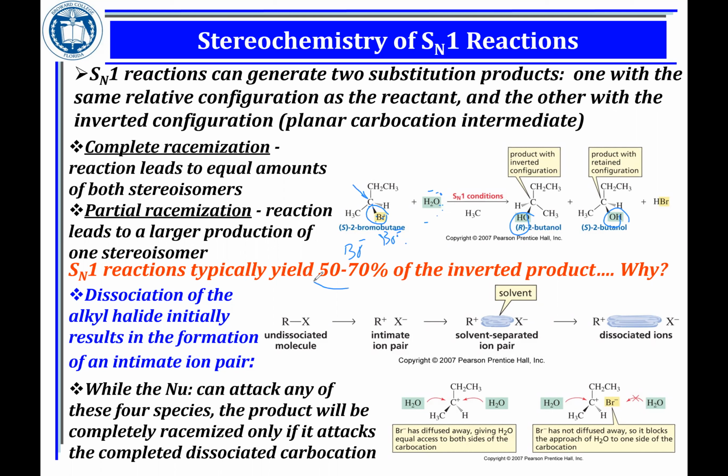So if the percentage is different from 50-50, the explanation is that the leaving group is still in the neighborhood, and the nucleophile that is coming is going to be bothered by it. But the fact that you're getting a mixture of the two is because of the p orbital, and the H2O can go from either side.